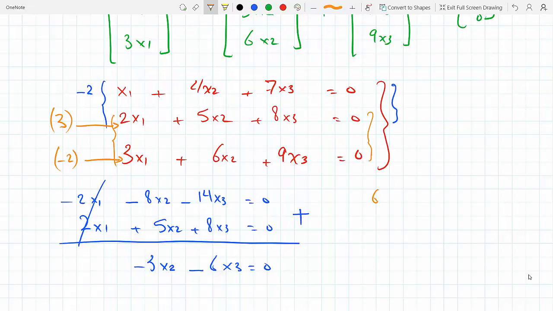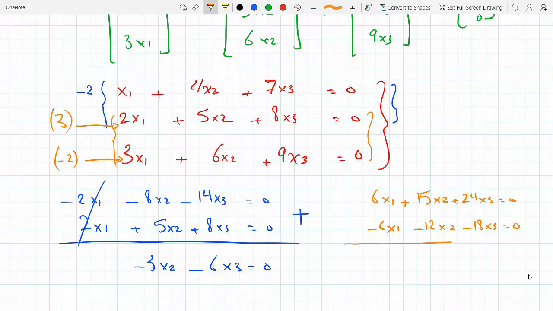The first equation becomes 6x1 plus 15x2 plus 24x3 equals 0. And then the third equation becomes minus 6x1 minus 12x2 minus 18x3 equals 0.